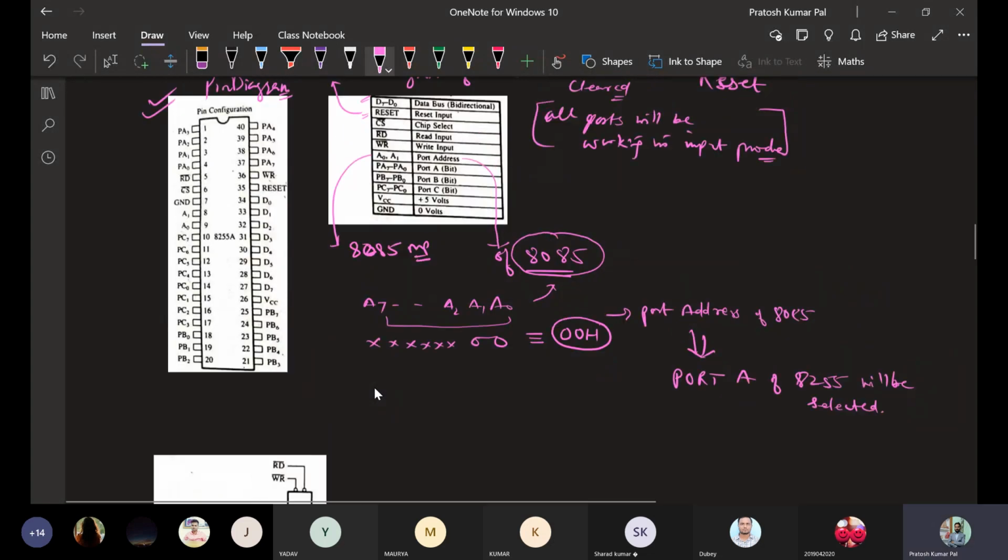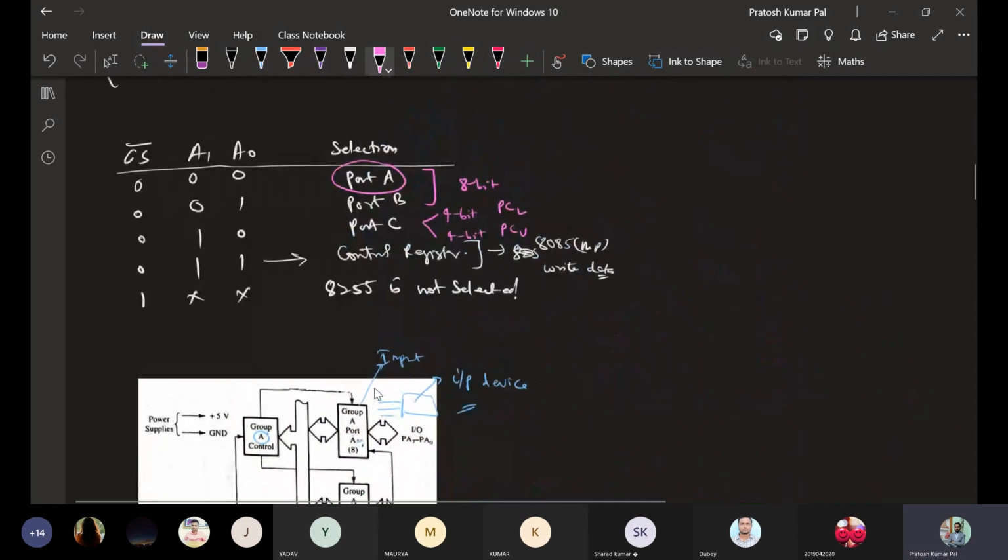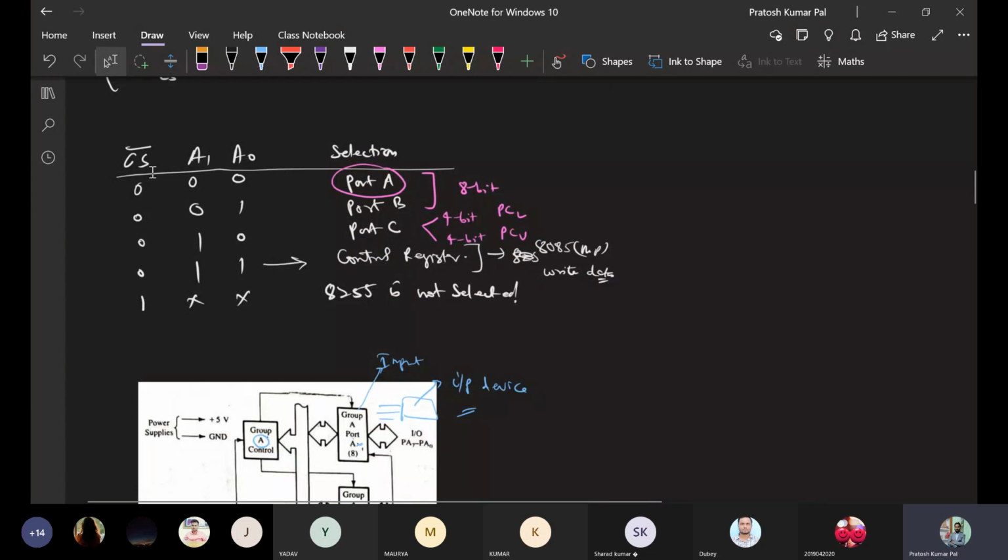As we have seen, based on the control chip selection logic and A0 and A1, different ports will be selected, or the control register will be selected. The control register holds the control word.